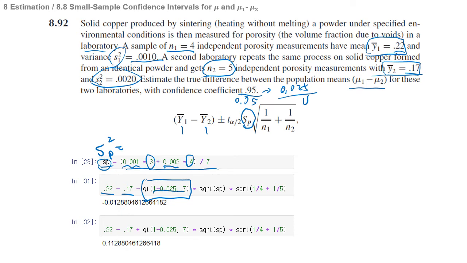So the 1 minus 0.025, comma 7, and we multiply by the square root of this thing and times the square root of 1 over n1 plus 1 over n2. And so we get this number for lower bound and this number for upper bound. So our confidence interval is minus 0.013 to 0.113. Okay.